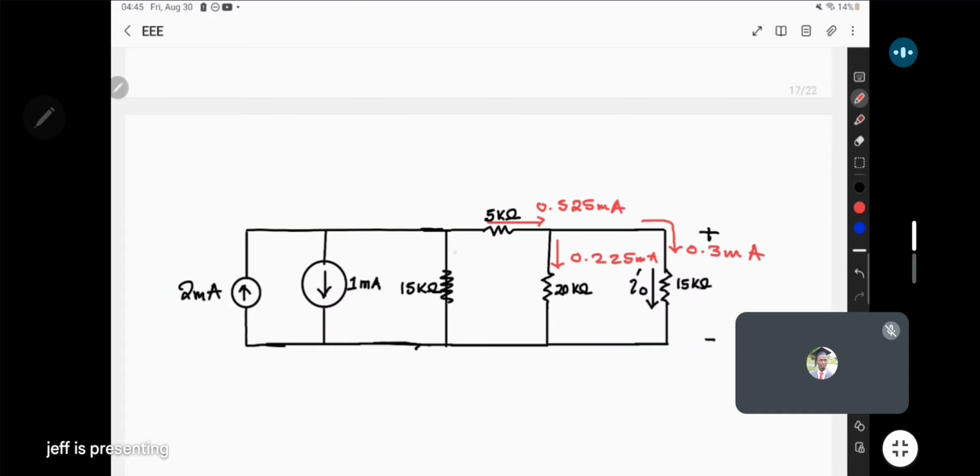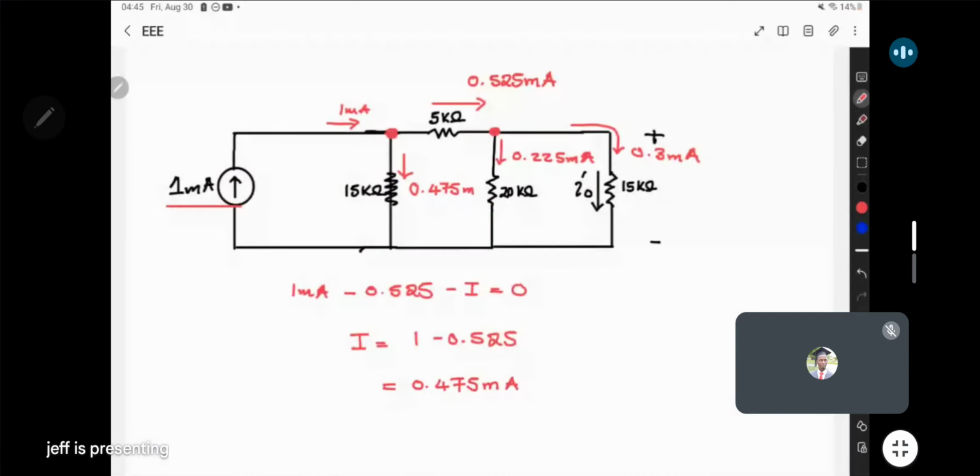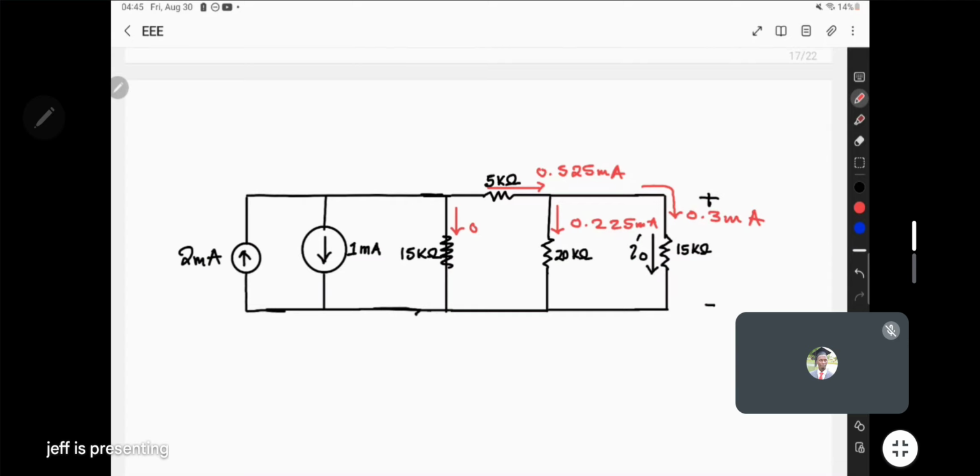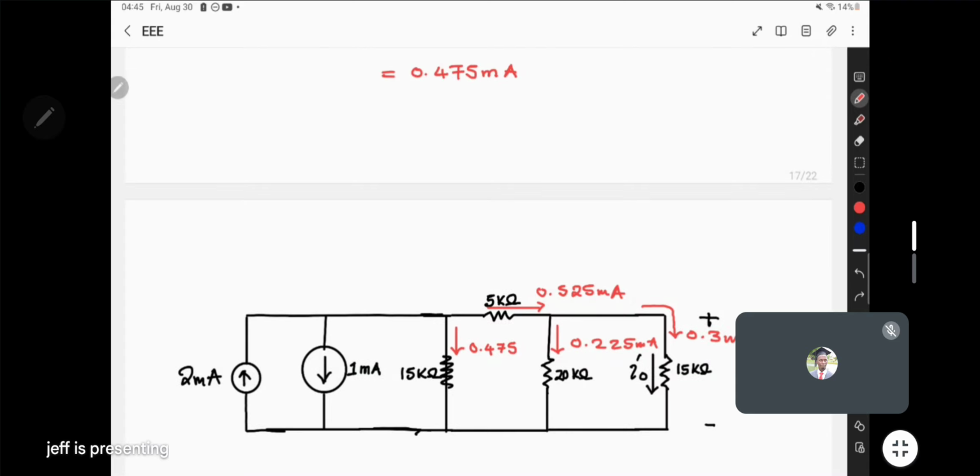And then coming through the 15, it's the same one here, this 15, we have 0.475. So this is what we have here. Then next up, in this step we just combine these. It doesn't change the fact that the current coming this side is 1 milliamp, and the current was split to give us 0.475 to go this way. So this doesn't change.